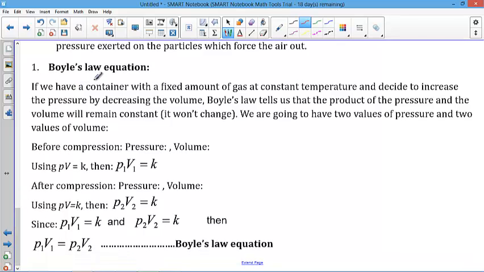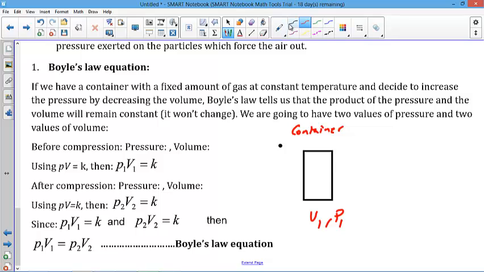Let's now formulate an equation that we can use under Boyle's law. If we have a container with a fixed amount of gas, let me say that is my container. And let me say the volume of this container here has got a volume V1, and the pressure, I'm going to call it P1 as well.